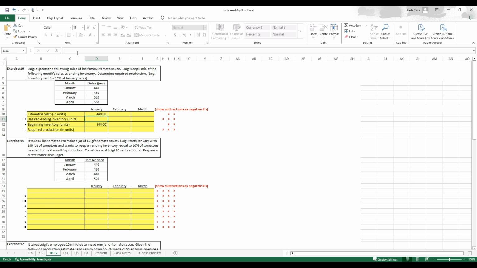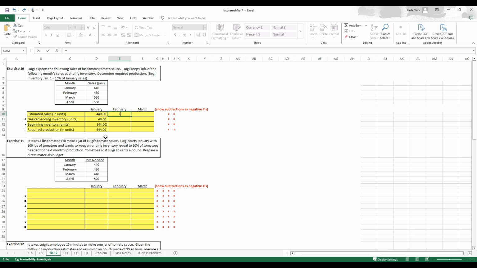Desired ending units is 10% of the following month's sales, so 10% of 480. And then required production we just add all these together. So we need to produce 444 units in January. We're going to sell 440 of those. We had 44 to start, and we're going to end with 48, and that's what this formula does for us.